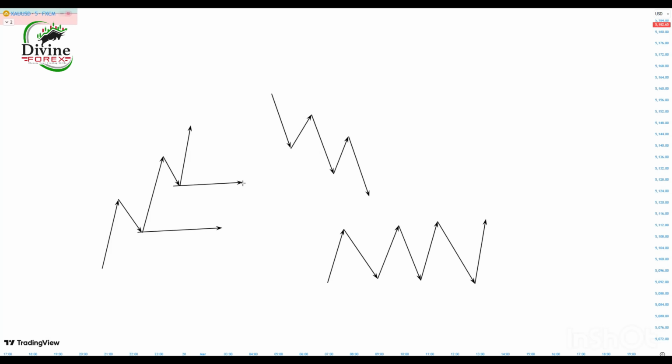For instance, a support level is an area where buyers take control of the market, and resistance is an area where sellers enter the market to push it to the downside. Support is an area where buyers enter the market to push it upward.